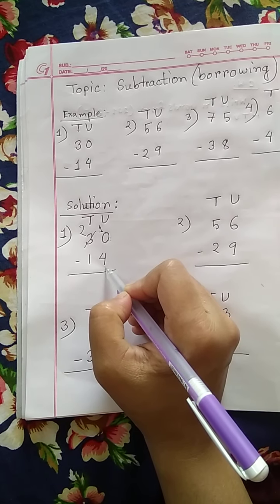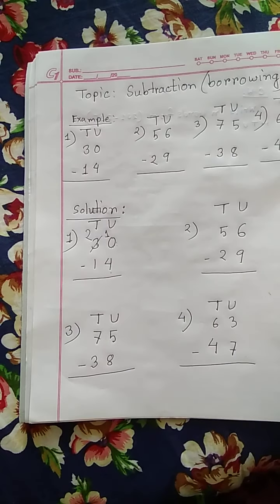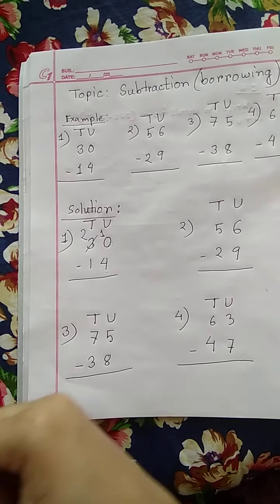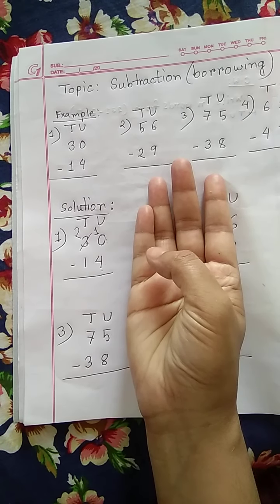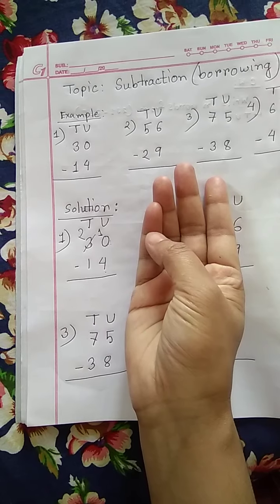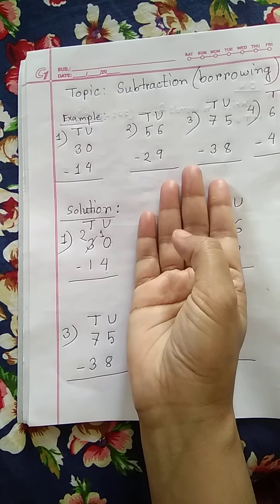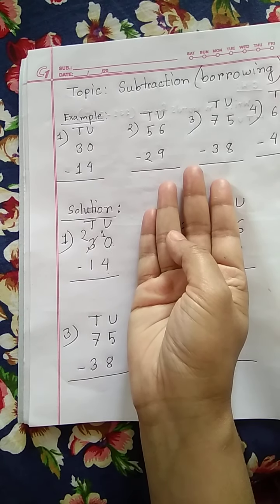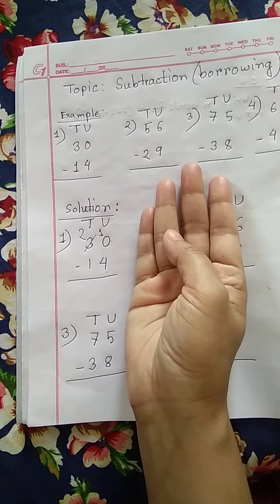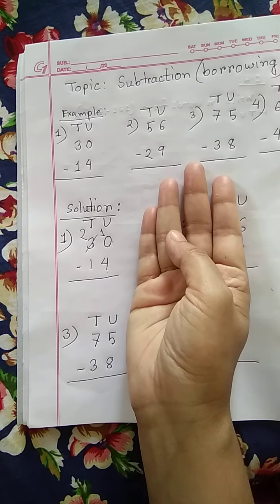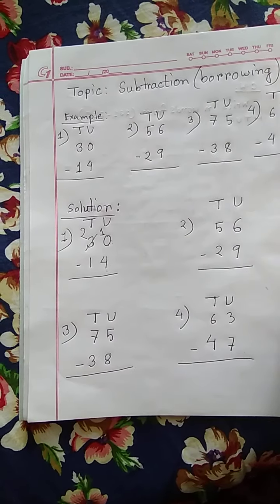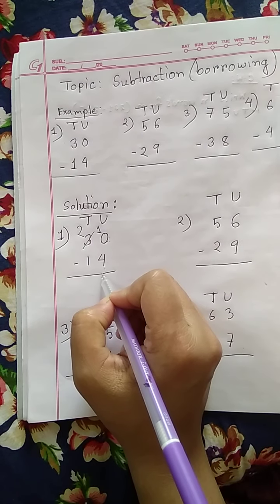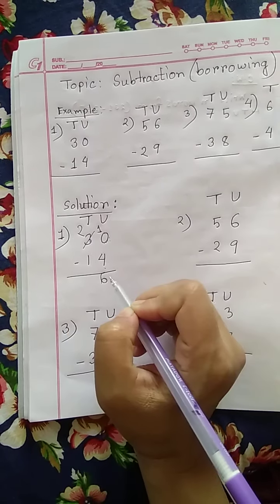And here is 4. Okay, let's subtract it. 4, 5, 6, 7, 8, 9, 10. Where have I stopped my counting? On number 6. So here the result will be 6.